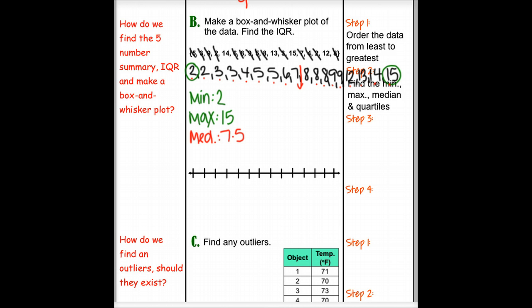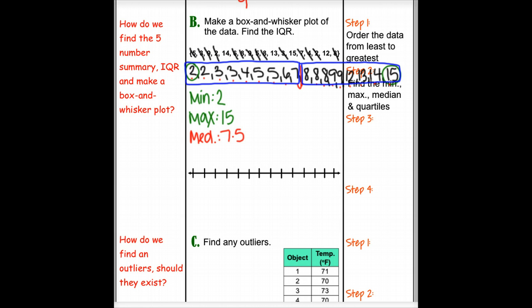So if I look, I want to make sure I did this right. We have an even amount on either side, so we know the median is correct. For the upper and lower quartiles, because my median is not in my list, I need to find the median of this half and the median of this half.